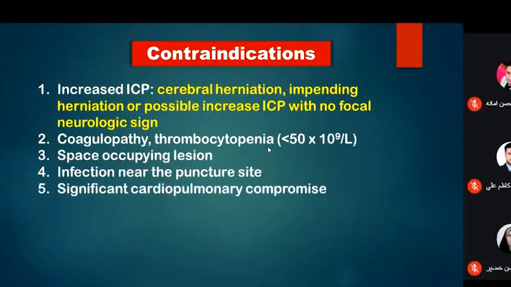Significant cardiopulmonary compromisation. Patients who are cardiopulmonary unstable, we cannot do LP for them, whatever the cause or the indication. And if there are vertebral deformities, of course, this will prevent doing the LP correctly and getting the findings.